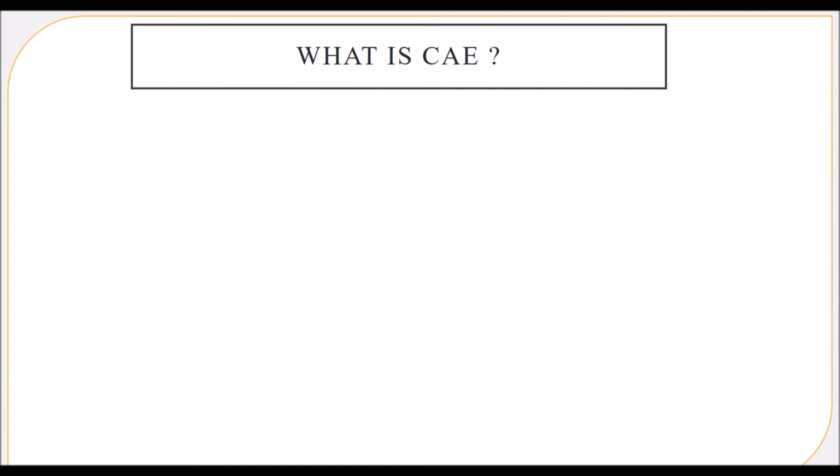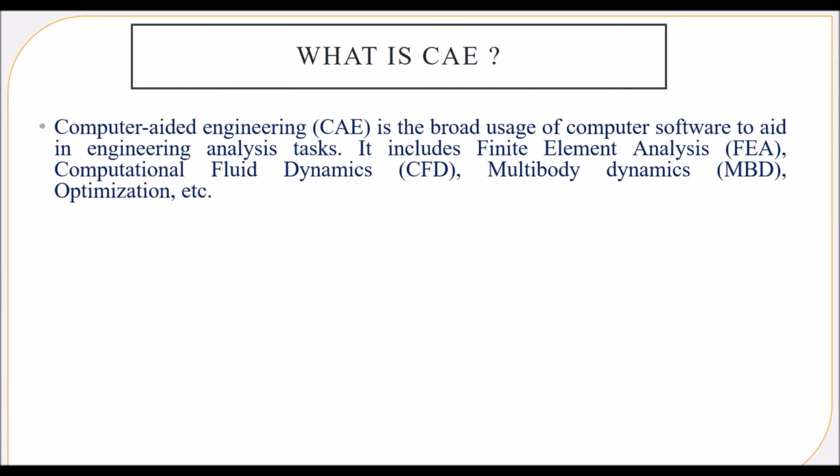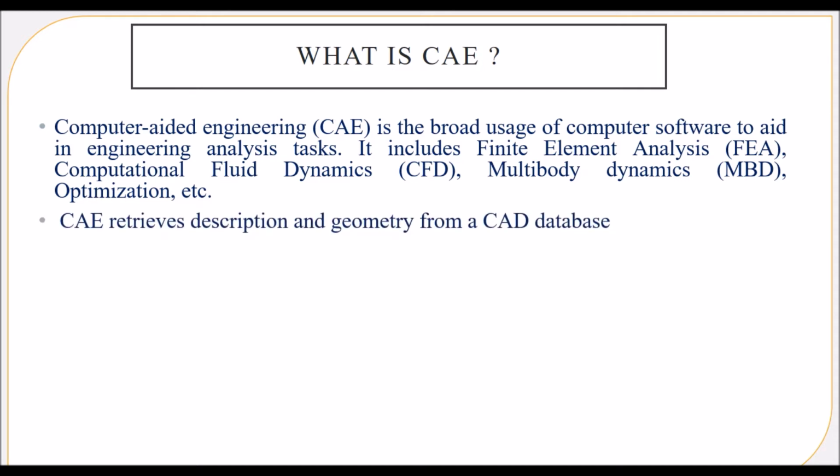What is CAE? CAE stands for Computer Aided Engineering. It is the broad usage of computer software to aid in engineering analysis tasks. It includes finite element analysis, computational fluid dynamics, multi-body dynamics, optimization, etc. CAE retrieves description and geometry from a CAD database.